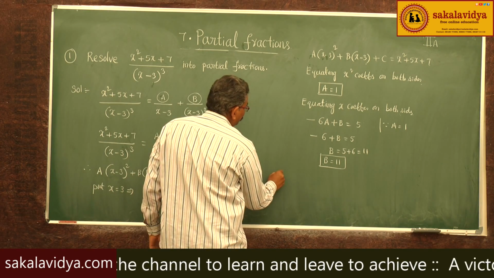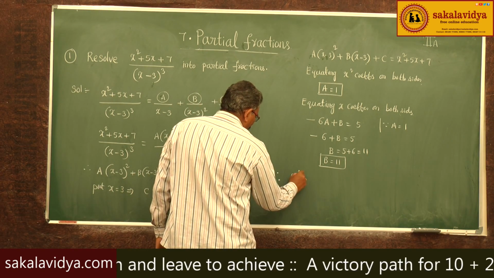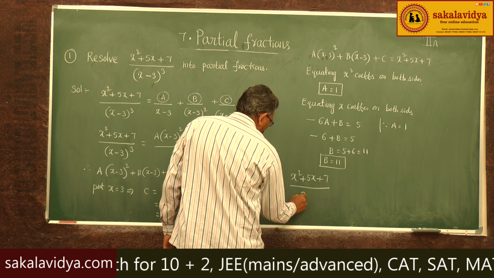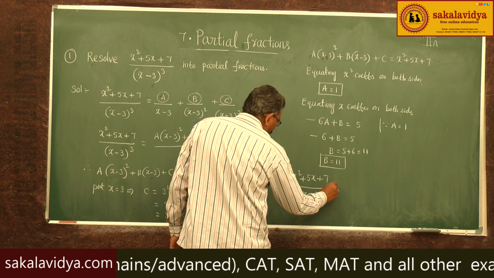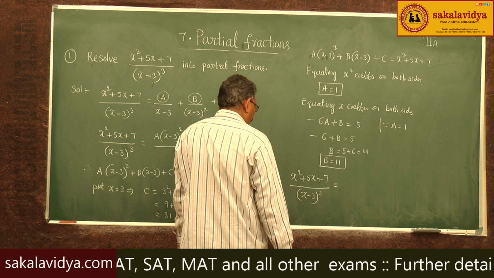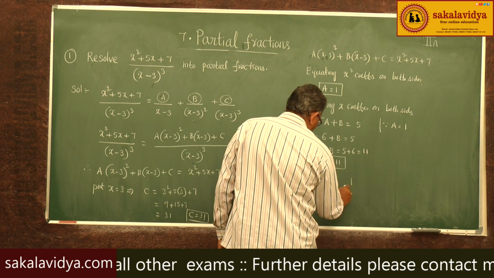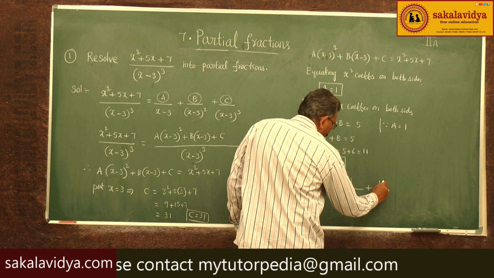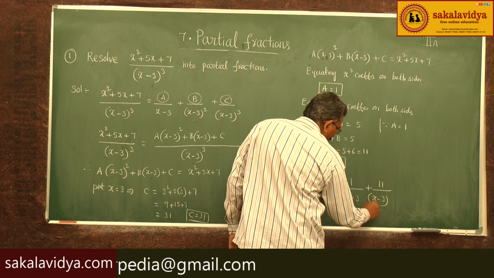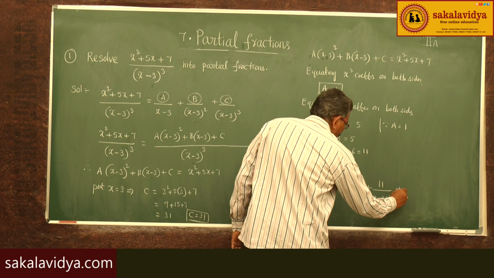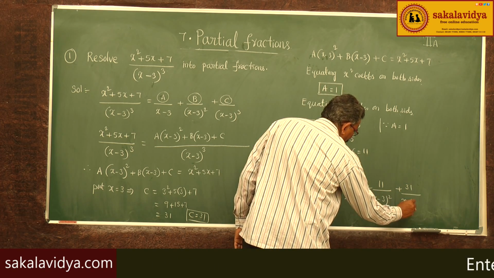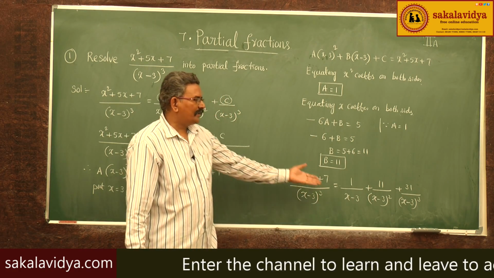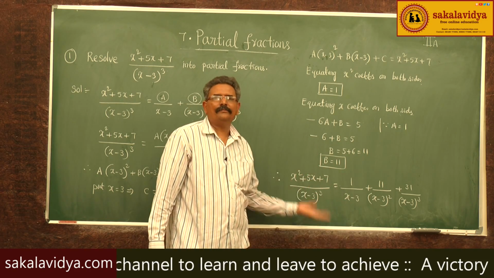So, therefore, x square plus 5x plus 7 by (x minus 3) whole cube equals, a means 1, 1 by x minus 3, plus b means 11, so we get 11 by (x minus 3) whole square, plus c means 31, 31 by (x minus 3) whole cube. So 3 partial fractions can exist for this problem.